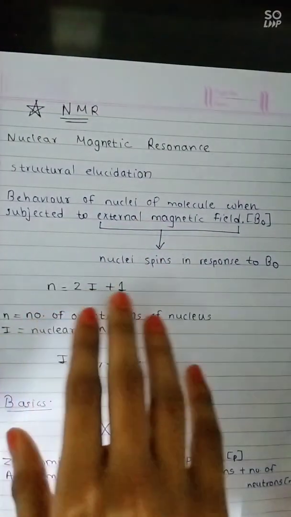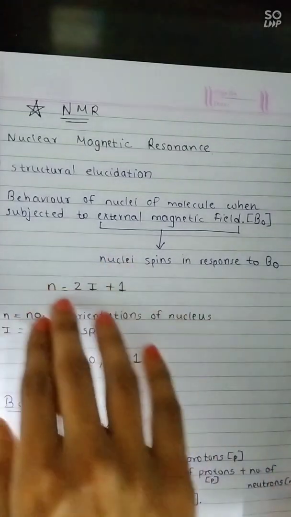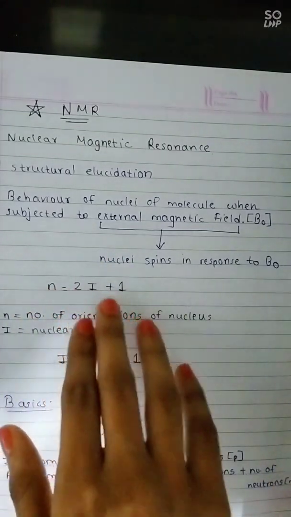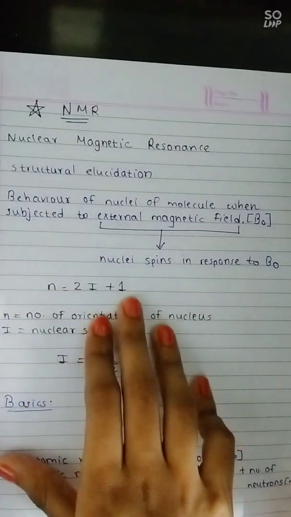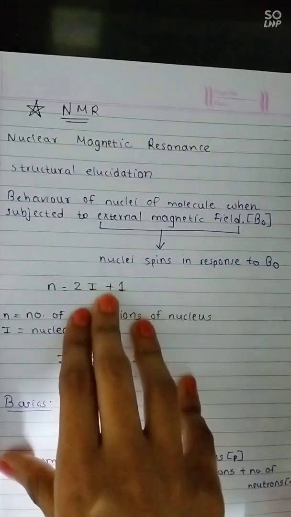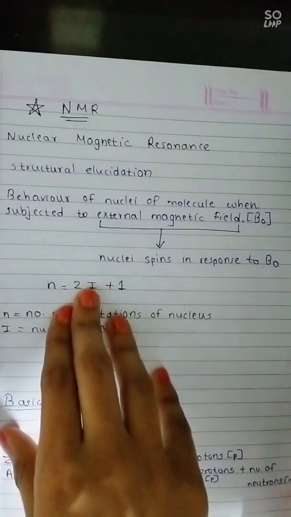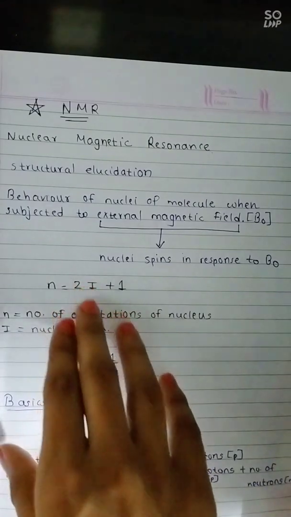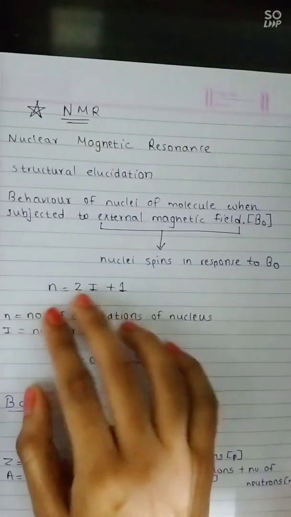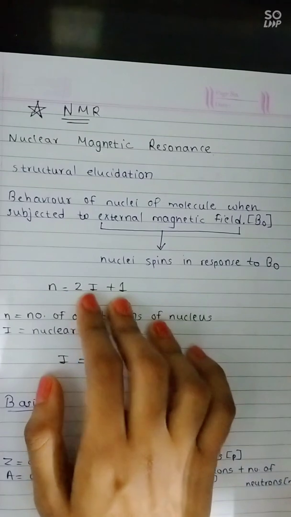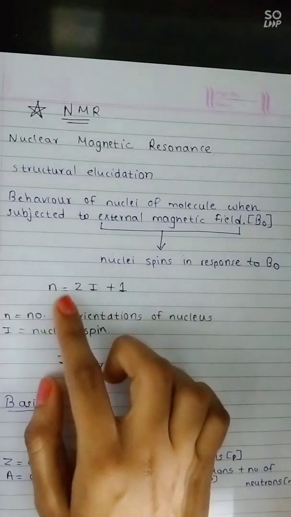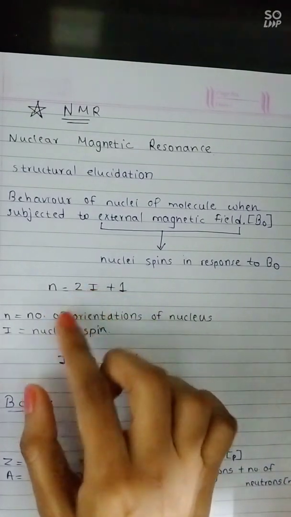Now, it is important for us to know this equation, which is n equals 2I plus 1. You might be wondering why we need to know this equation. You will come to know this in a bit. So remember, n equals 2I plus 1. Now, what is I and what is n in this? I is known as nuclear spin.